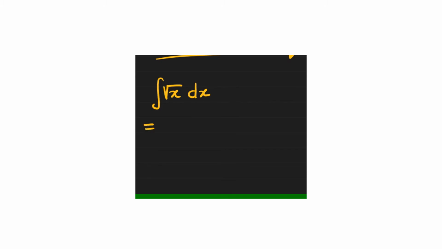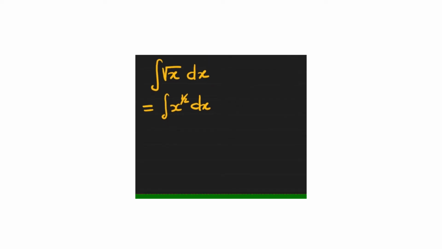It will be integration of x to the power half dx, which equals, when we integrate, x to the power 1 over 2 plus 1, that is 1 over 2 plus 1, plus constant of integration c.